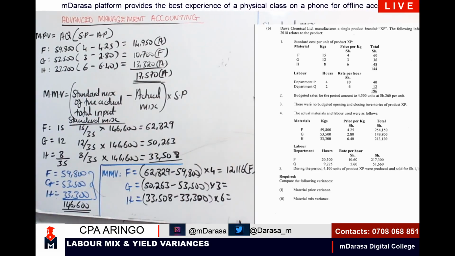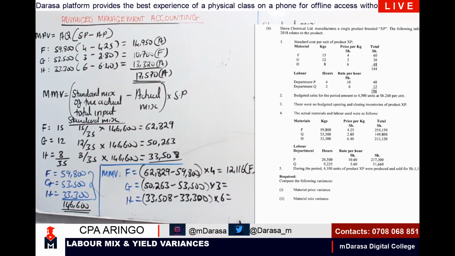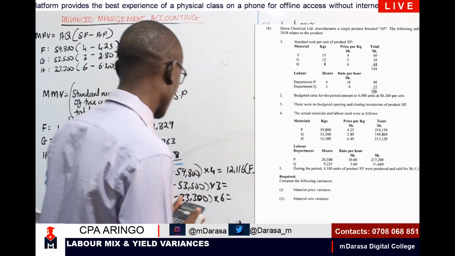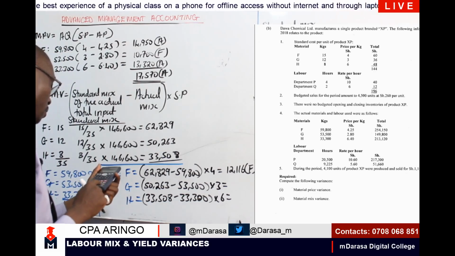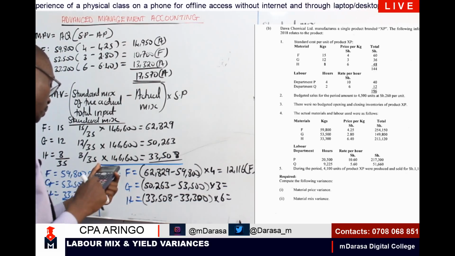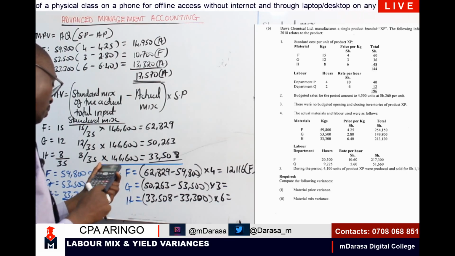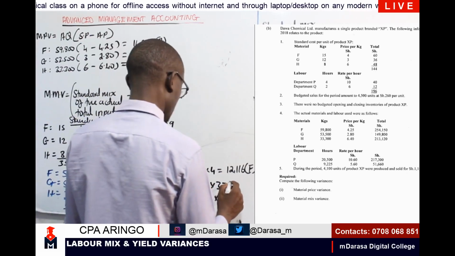The other bit, the same concept applies. We are talking of 50,263 minus 53,500 by 3. I'm having an adverse of 9,711.